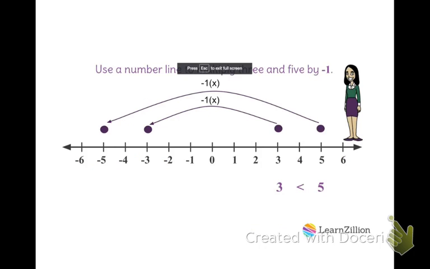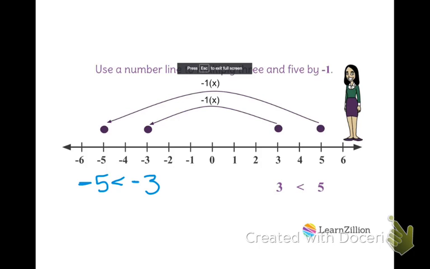So looking at this number line, just as a visual, when you multiply 3 and 5 by negative 1. So if we start over here on the right, you can see 3 is less than 5. When we get over here to the left, we have negative 5 is to the left of negative 3, which makes negative 5 less than negative 3.